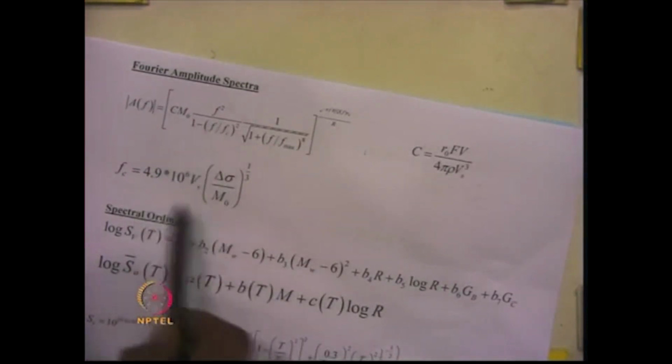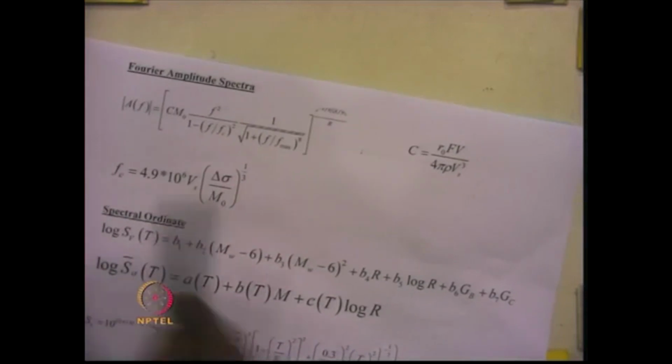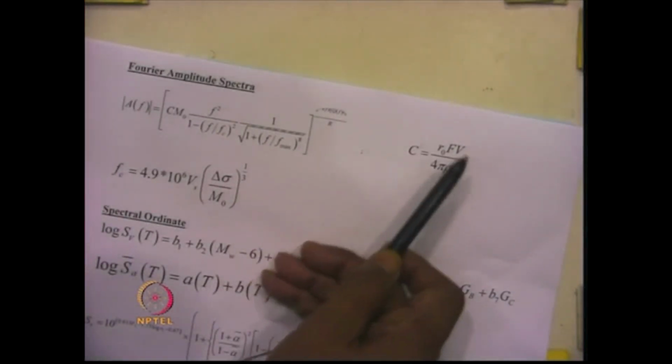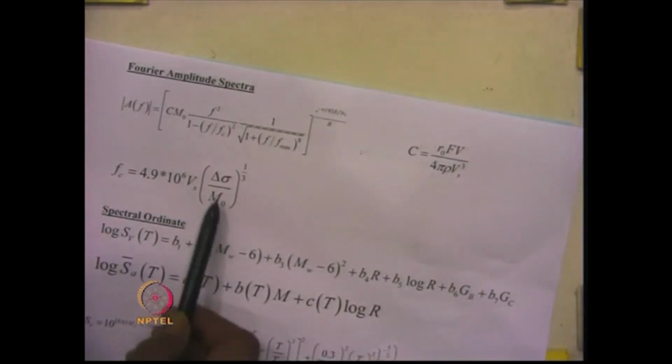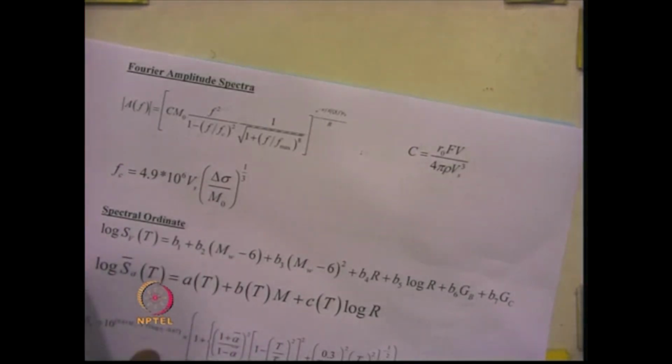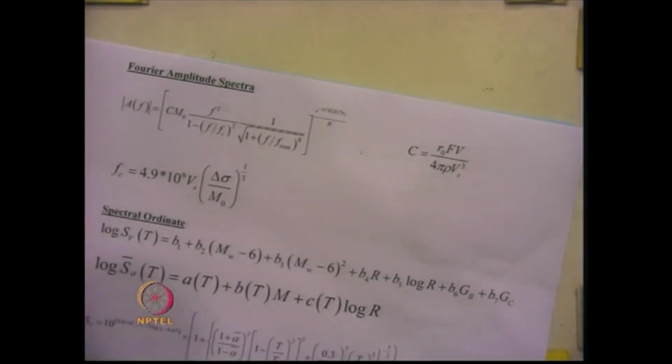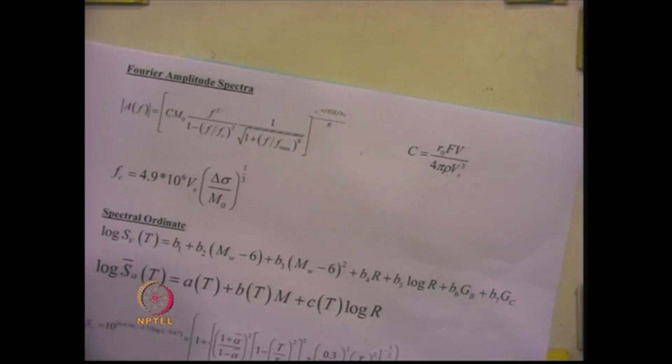Now, these constants, that means the value of the shear wave velocity, f and delta sigma, may differ from site to site, and using the specific combination of values for a particular site, one can obtain a Fourier amplitude spectrum by using this equation.